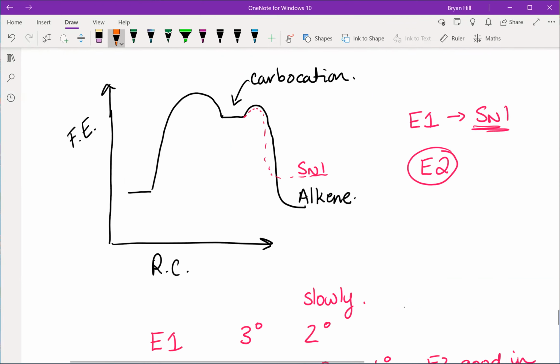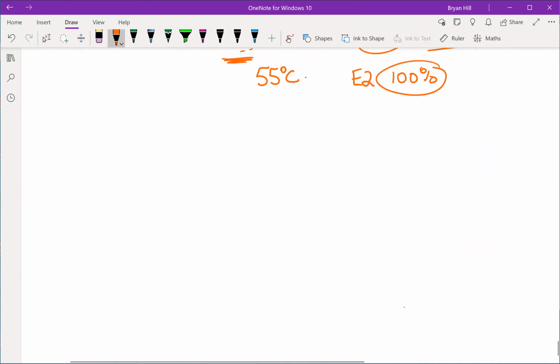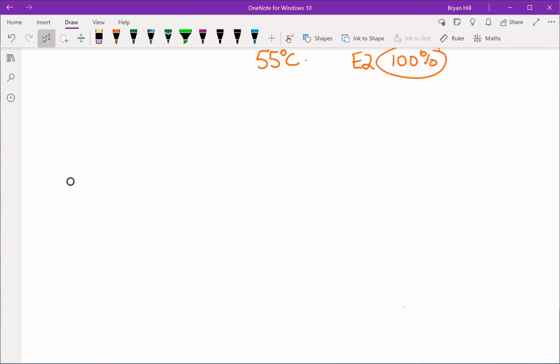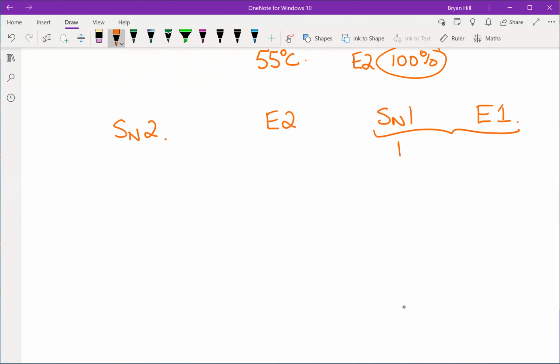Okay, so now we've got a lot of data here. So we've got SN2 reactions, we've got E2 reactions, we've got SN1 reactions, and we've got E1. And these two, in many ways, go hand in hand because the rate determining step is that carbocation formation.